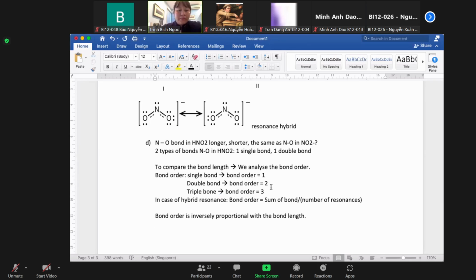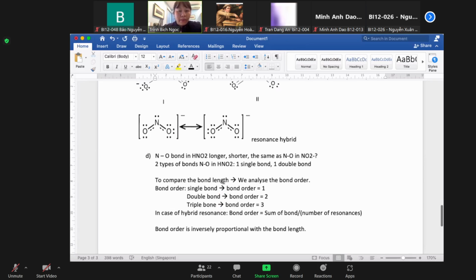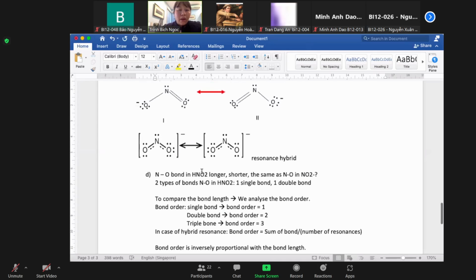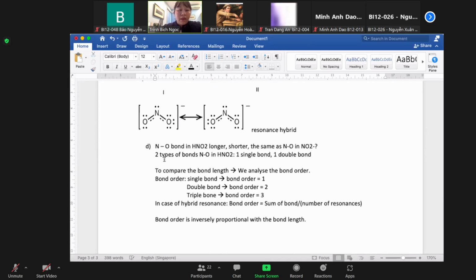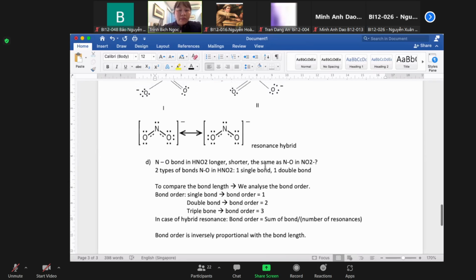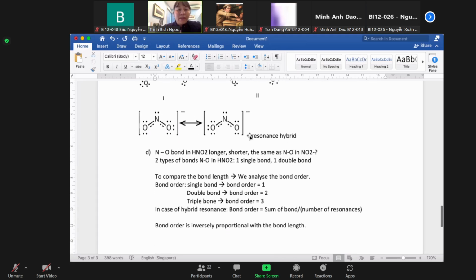So here, just to compare the bond length. So here, we know that the bond NO in HNO2 have one single bond and one double bond. Okay, we have that. And then in case of NO2 minus, we have two resonance, hybrid resonance.